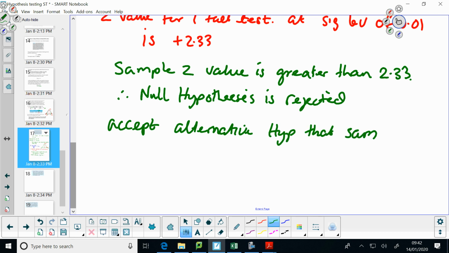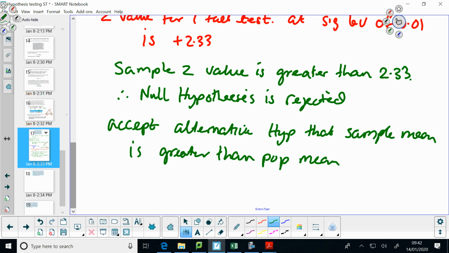The sample is greater than the population. So that level of confidence. Yeah. All right.